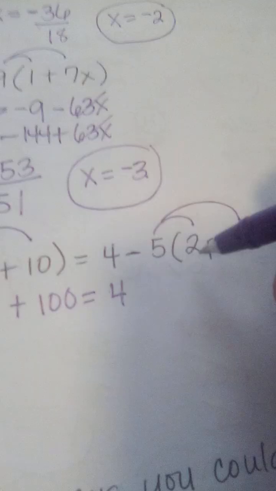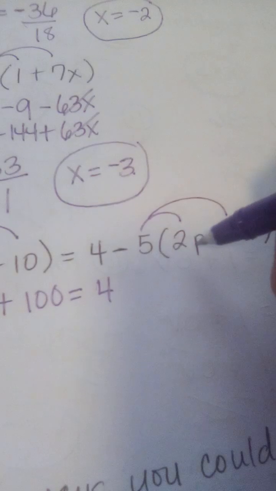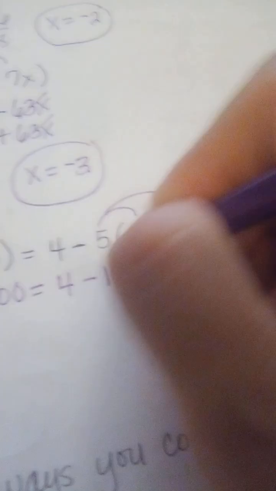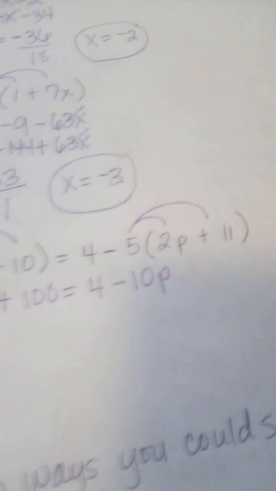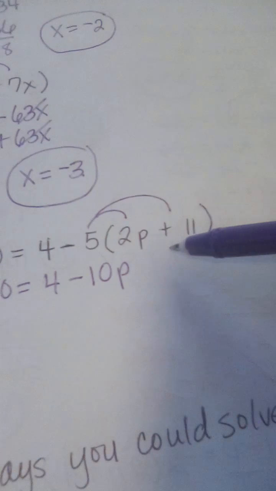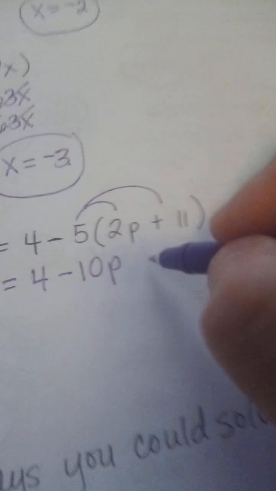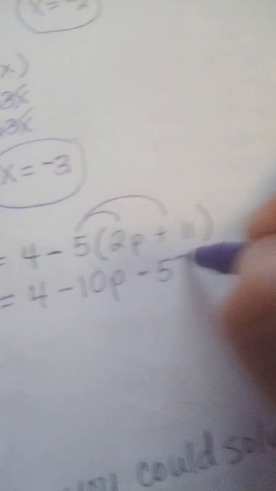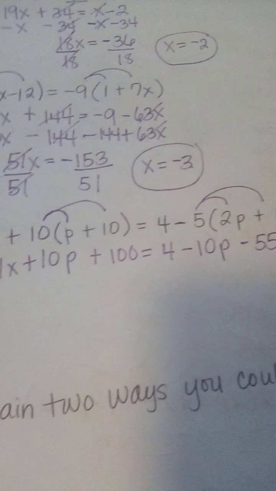We have negative 5 times 2p gives negative 10p. My mistake, negative 10p. Then we have a negative 5 times 11. It gives a negative 55. So far, so good, right?